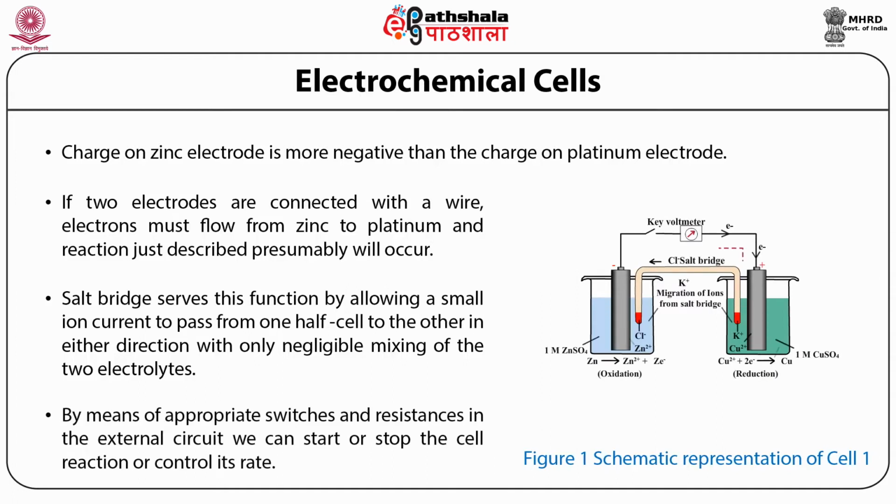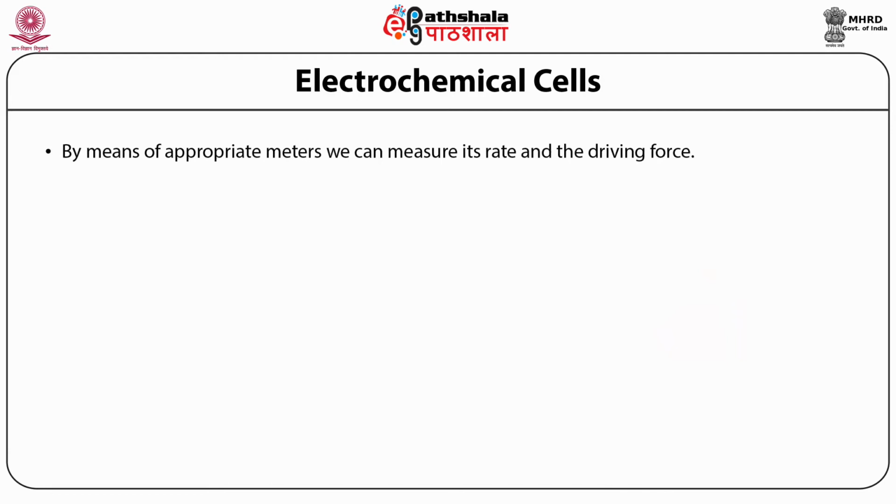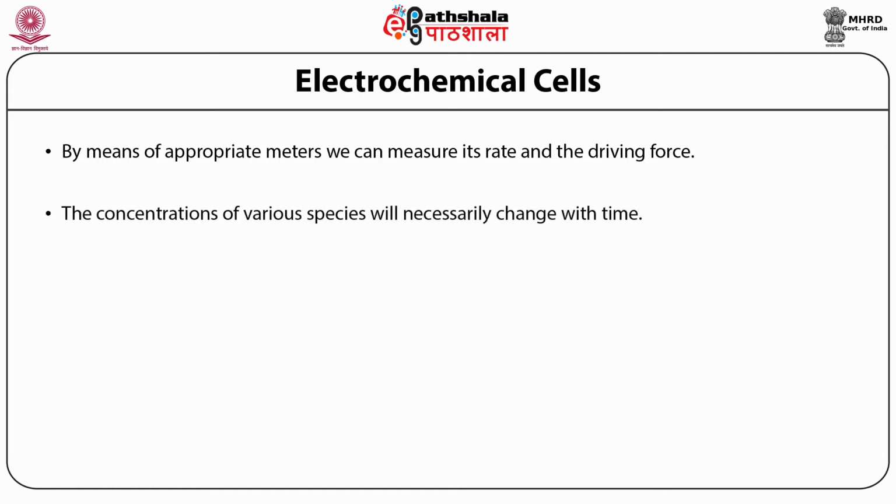By means of appropriate switches and resistances in the external circuit, we can start or stop the cell reaction or control its rate. By means of appropriate meters, we can measure its rate and the driving force. The operation of a cell clearly requires a chemical reaction to take place. Thus, the concentration of the various species will necessarily change with time.